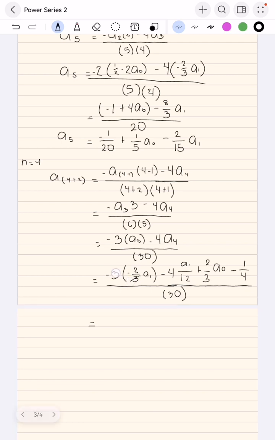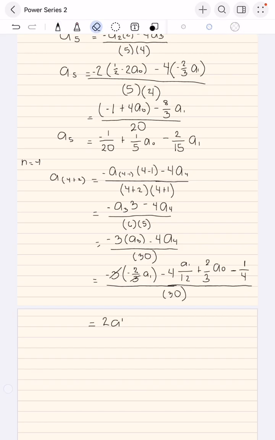This would be cancel, cancel. Negative, negative. Equals to positive 2A1. Why did I? It's 2A1 minus 4 divided by 12 is equals to 1 over 3A1 plus 2, 3.